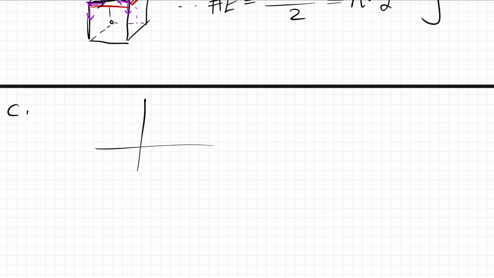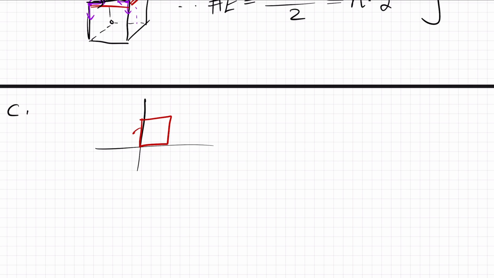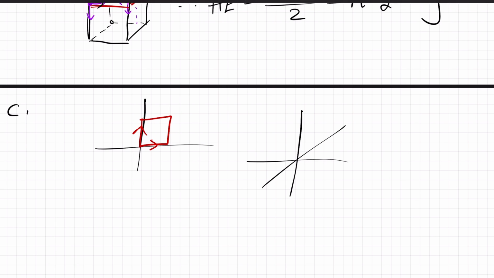So in 2D, our cube, if we drew it with one corner at the origin, we'd have 2 edges intersecting with the axes. In 3D, sorry, this is a square. In 3D, we draw another unit cube and we'd have 3 edges intersecting with the axes, like so.